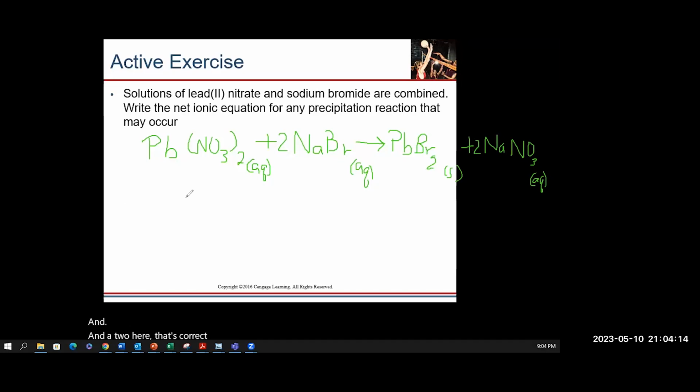Okay, so all the ones that are aqueous, they're going to do what? Mitzi, what are they going to do? Okay, somebody want to help Mitzi out? Alex.